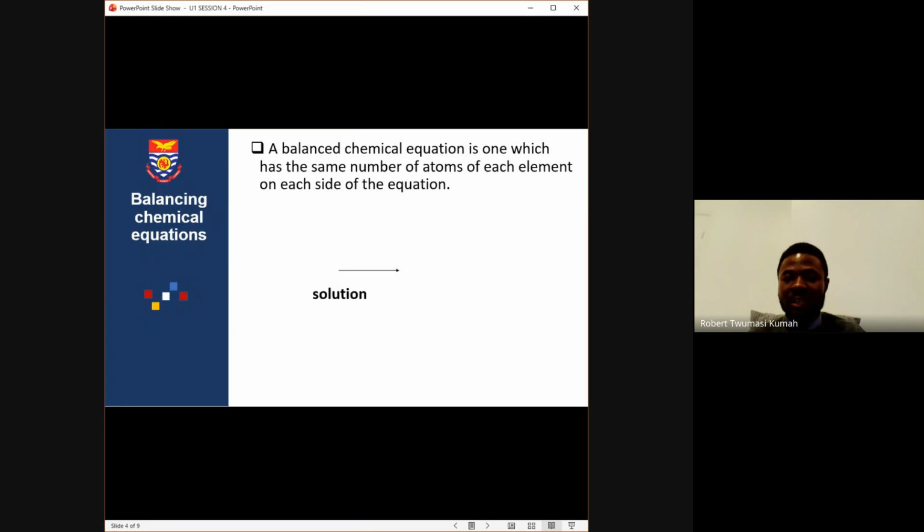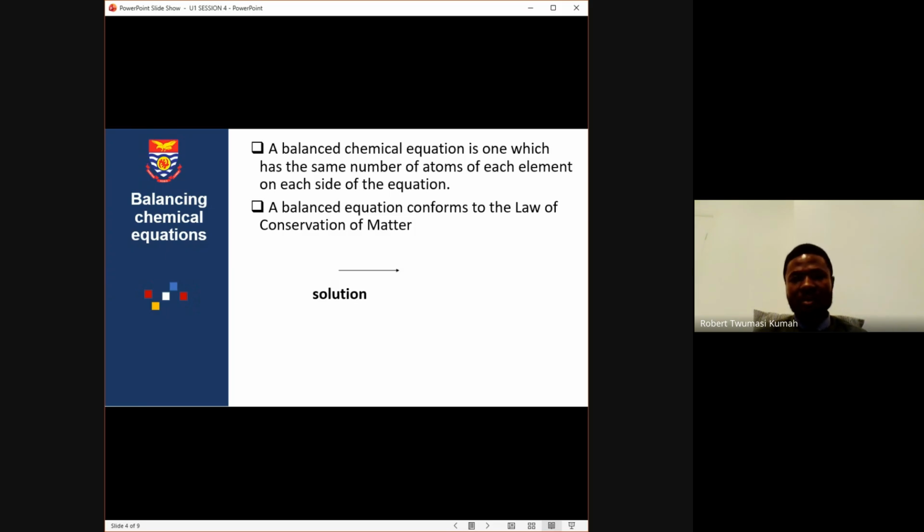As soon as you put the 8 there, another part will need 5. By the time you finish putting 5 there, the 2 that you started with now demands that you write 3. You'll be going in a cycle and you will never finish. So if we write an equation and we balance it, at least it tells us that we've written a correct equation.